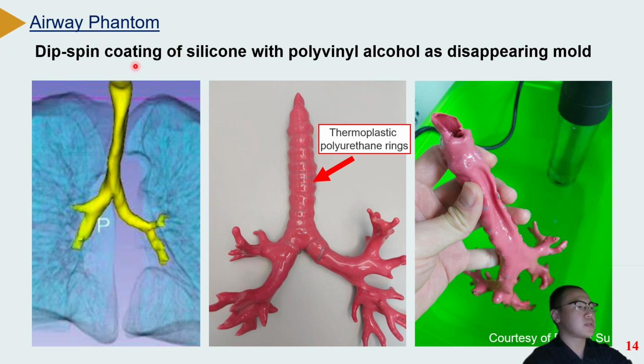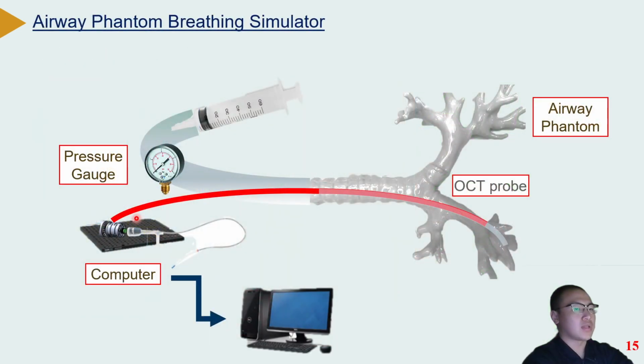The airway phantom is made of distinct coatings of silicone with polyvinyl and ethanol as a dispersing medium. By simulating natural respiration using a syringe, changes in tracheal diameter and contractions can be produced. Meanwhile, I adjust the probe depth for real-time observation of the dynamic change at different positions, so that it is hoped the area of the trachea during human respiration can be quantified.